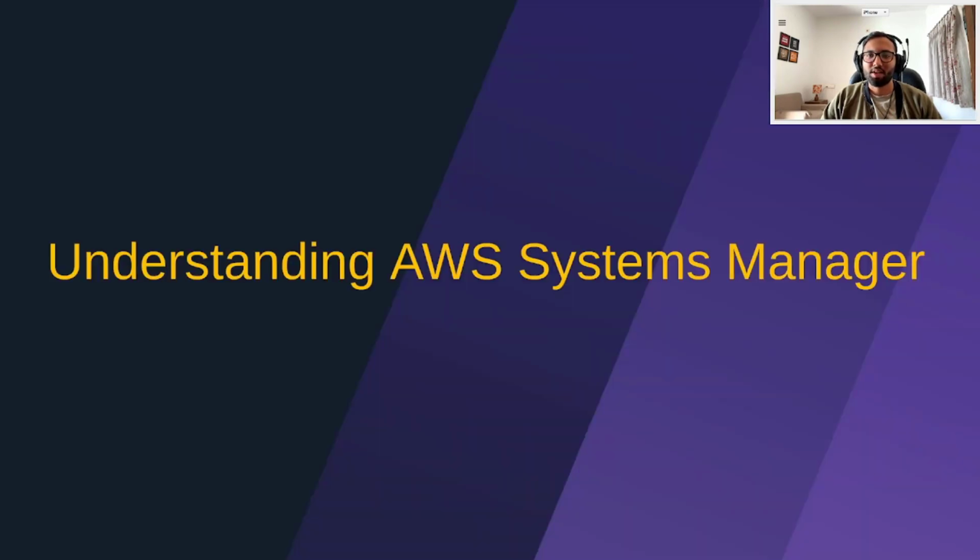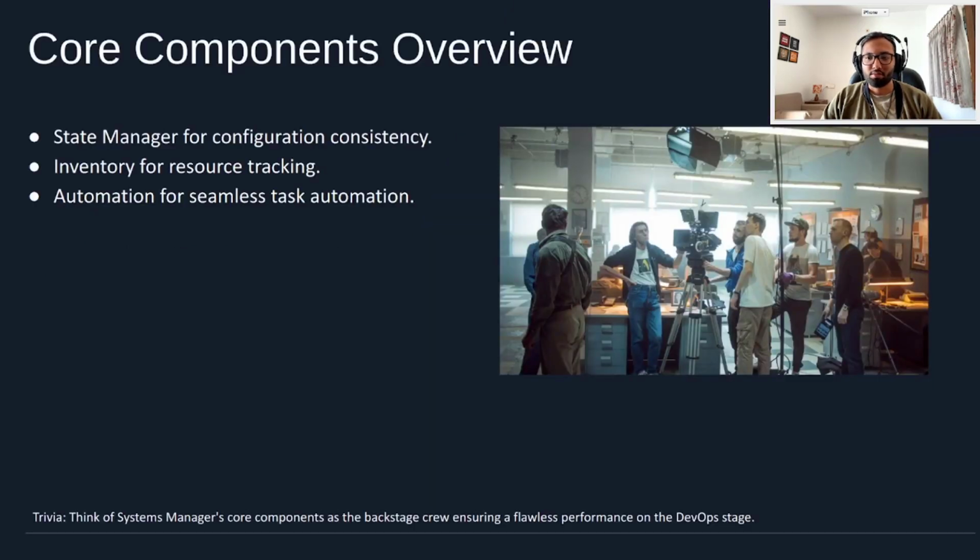Understanding the AWS Systems Manager. We'll go over a few key features or core components of AWS Systems Manager here. Think about Systems Manager's core components as a backstage tool which is helping you deliver better performance on your production-level things. Think about features like State Manager. State Manager helps you with configuration consistency.